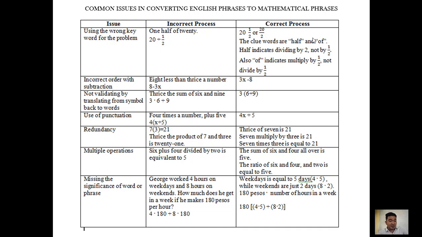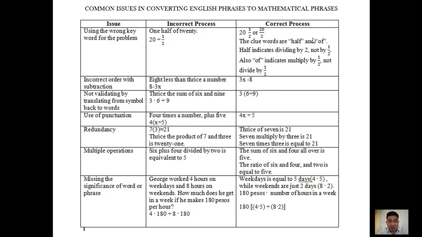Another issue: there are instances when the significance of a word or phrase is missed. George worked 4 hours on weekdays and 8 hours on weekends. How much does he get in a week if he makes 180 pesos per hour? Weekdays are 5 days, so he works 4 times 5, which is 20 hours during weekdays.